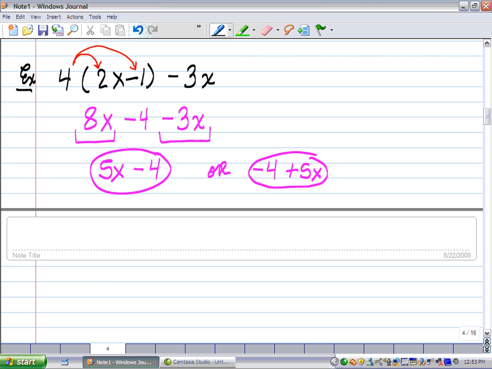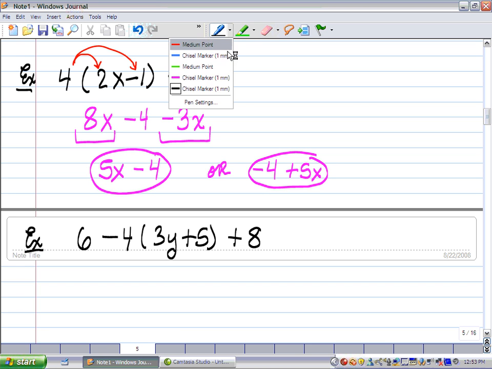Okay. I have two more for us to try, so let's try them. 6 minus 4 times 3y plus 5 parentheses plus 8.